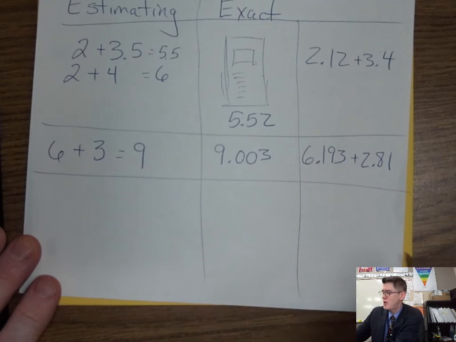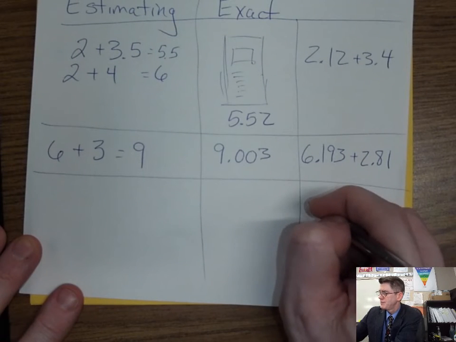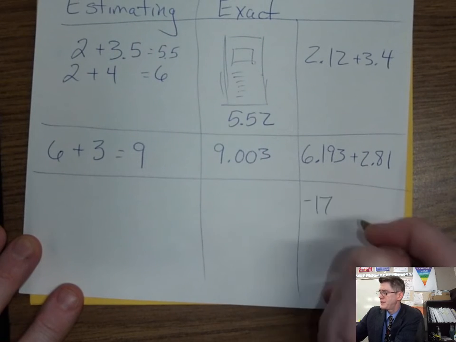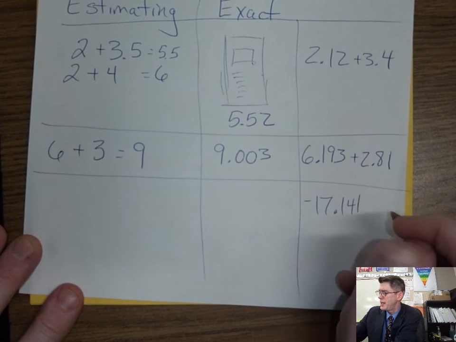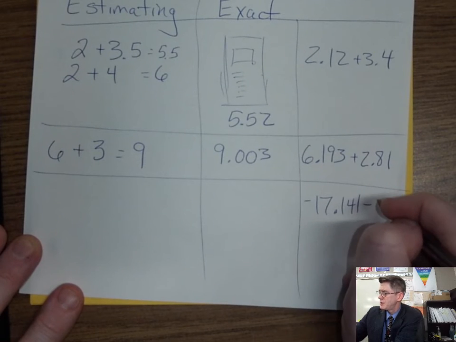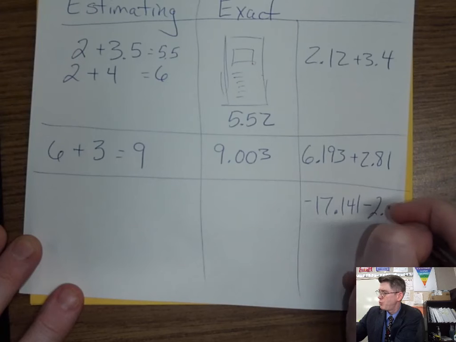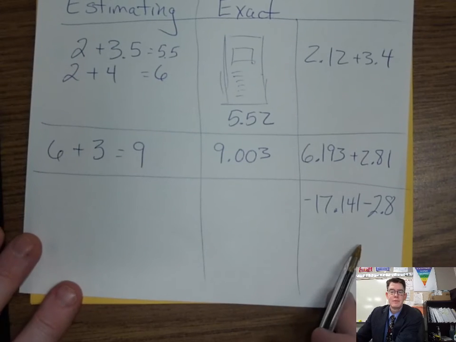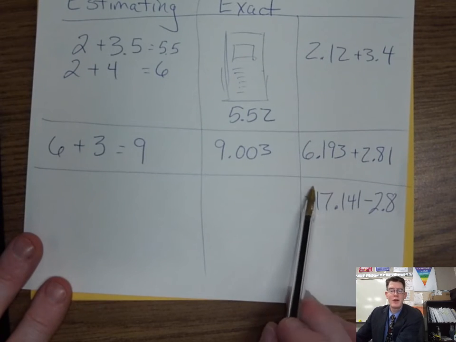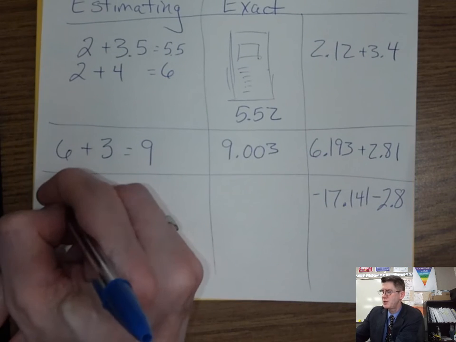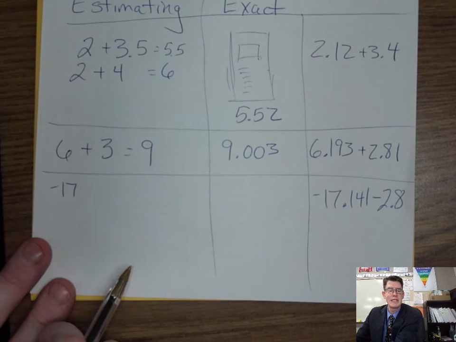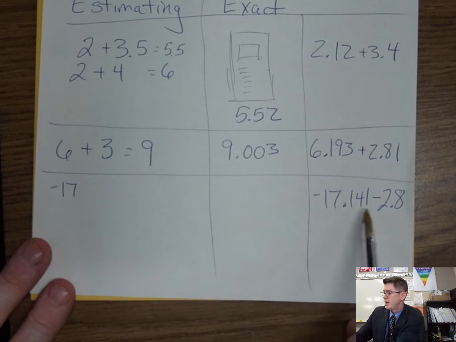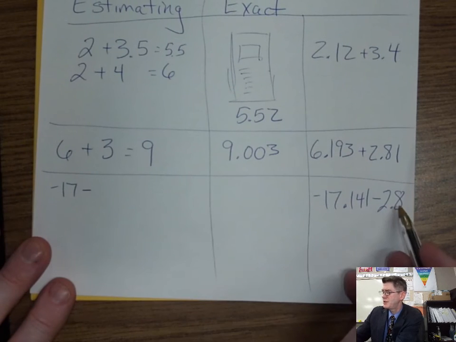It's addition and subtraction. So if I've got negative 17.141 minus 2.8, it's the exact same concept. What is this number close to? Well, it's close to negative 17. And this number minus, it's close to 3.